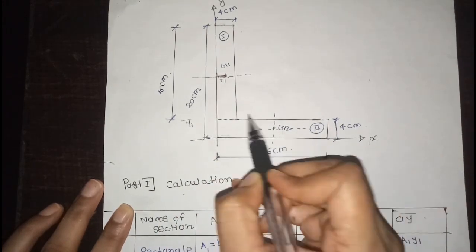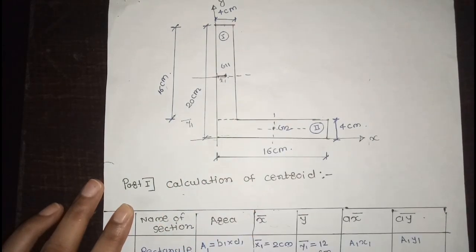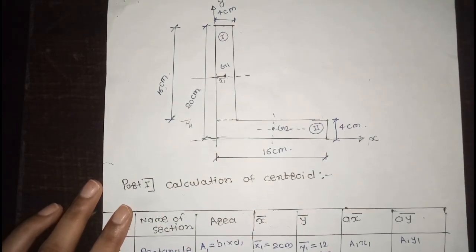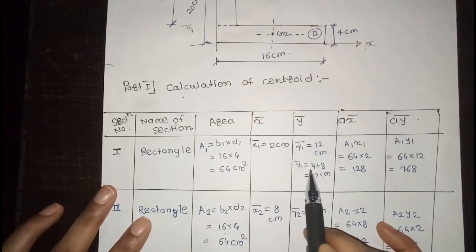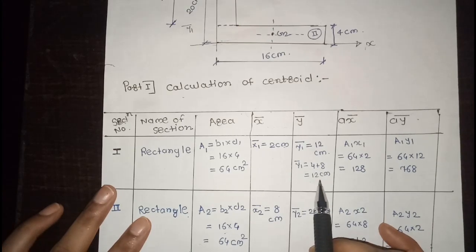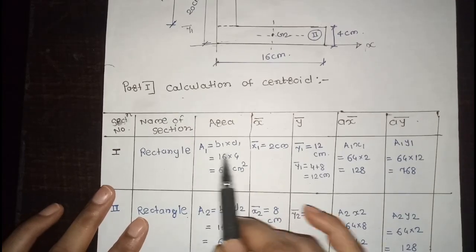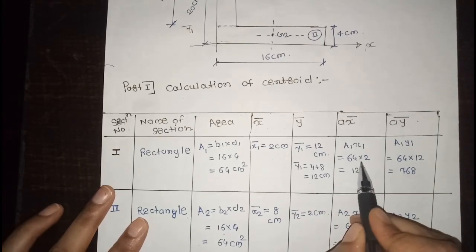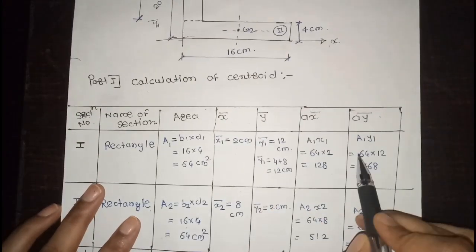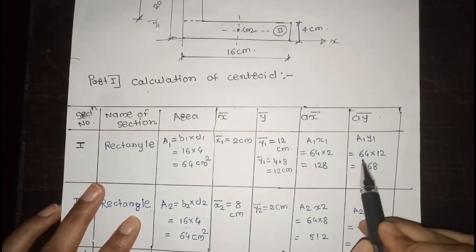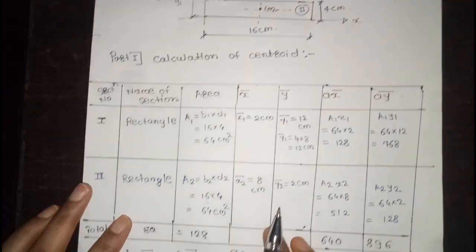So 4 plus 16 by 2, means 4 plus 8, which is 12 centimeter. Then calculate ax bar, means product of A1 x1 bar: 64 into 2, then we get 128. Ay bar, product of A1 y1 bar: 64 into 12, then we get 768.